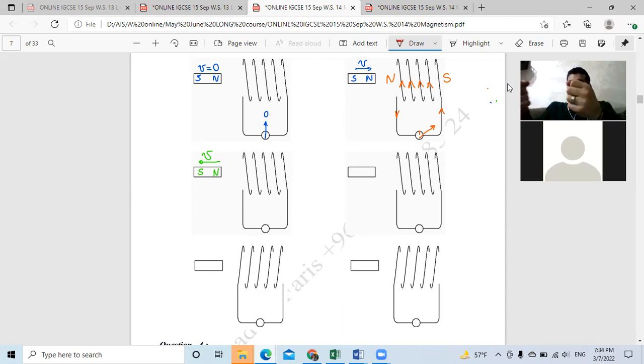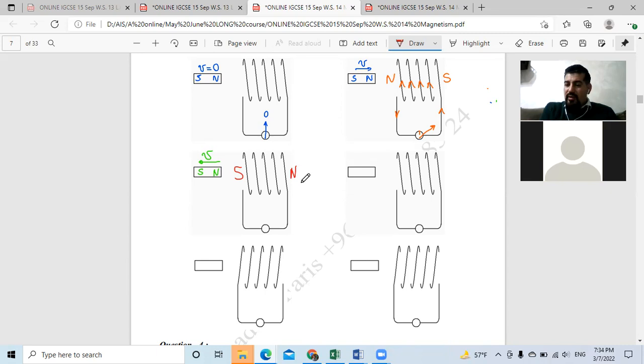You resist my pulling. How does this solenoid resist the pulling of the north? This side becomes south, because south and north attract. It seems that they will attract, but it doesn't. That means if this side is south, the other side will be north.